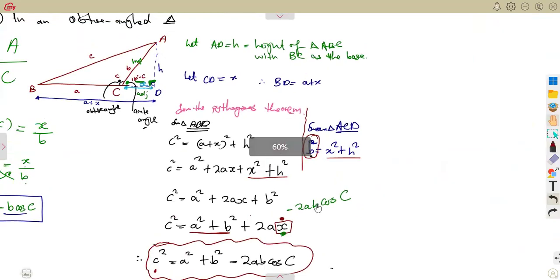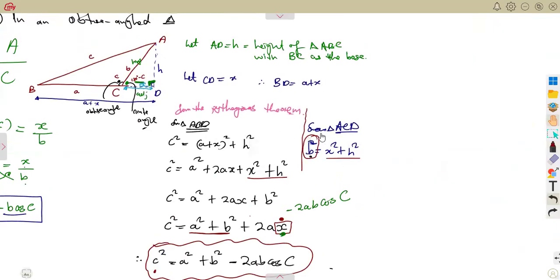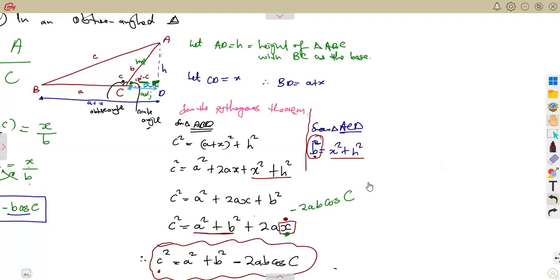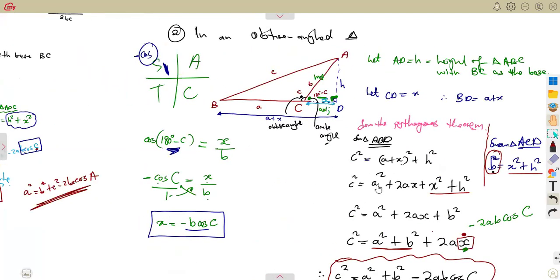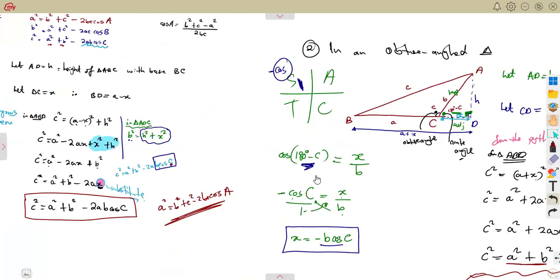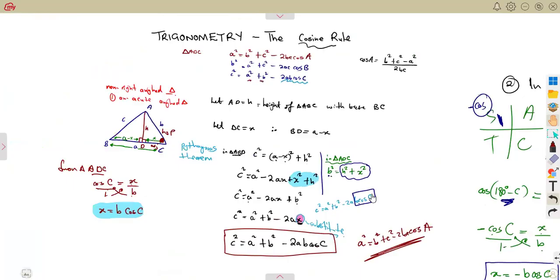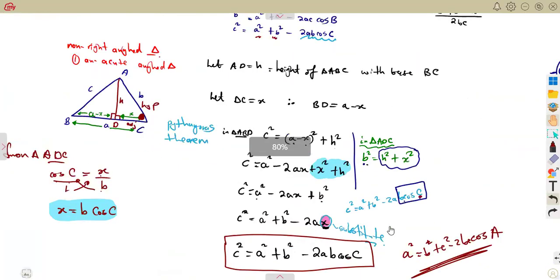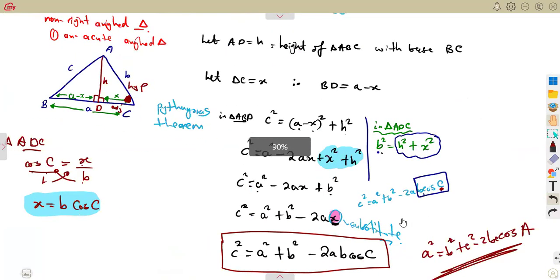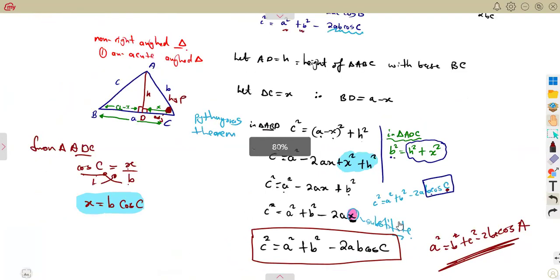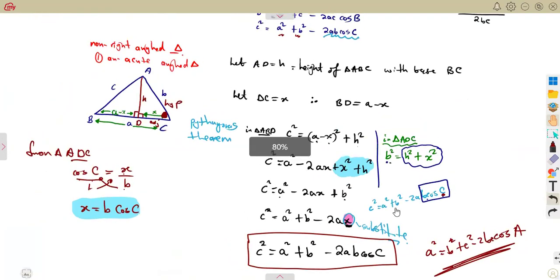There you are working with an obtuse angled triangle. That is what you're going to need when working with an acute angled triangle, because they are going to ask you with a diagram, if they draw a diagram for you, like the diagram is drawn already for you guys. It's a non-right angled triangle that you have been given there. You must use this concept of a non-right angled triangle.